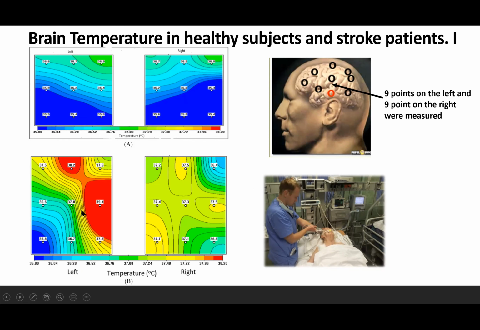But if you have a patient with stroke, on the left side of the brain you could see immediately the temperature raised from 36 up to 39, it could be even 40. The non-affected areas have a low temperature like 35, and the difference between high and low, this temperature heterogeneity, is very important for assessment and diagnostics.